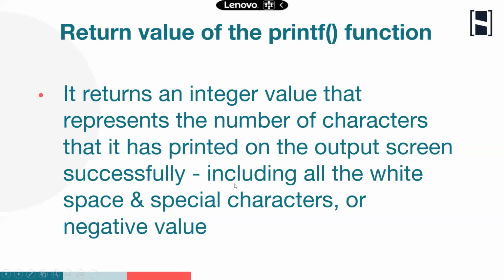The integer number represents the number of characters my printf function has successfully printed in the output window. That number is returned by the printf function after finishing the task. That is what you call the return value of the printf function.